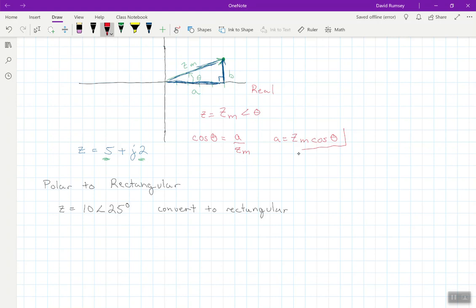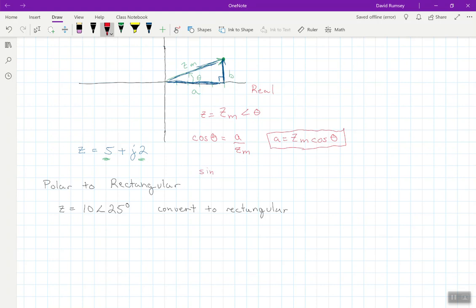So I'm going to box this. You might want to write this equation on a separate sheet of paper and develop a page with the equations on it so that you don't have to flip through your notes. And then similarly, we can look at the sine of theta.